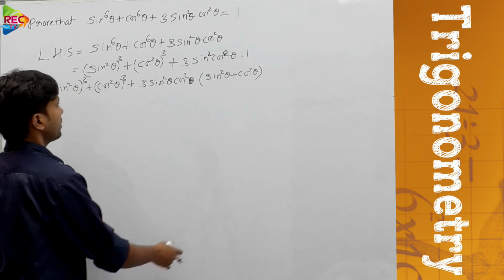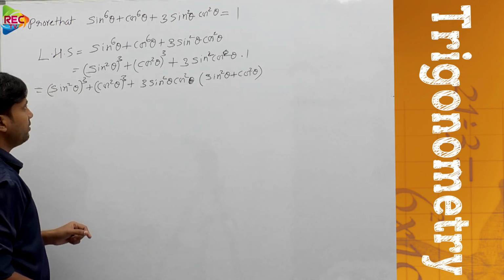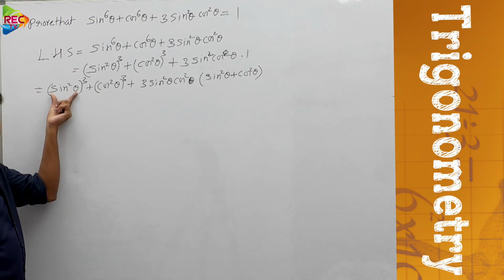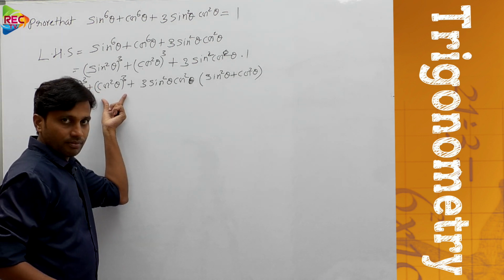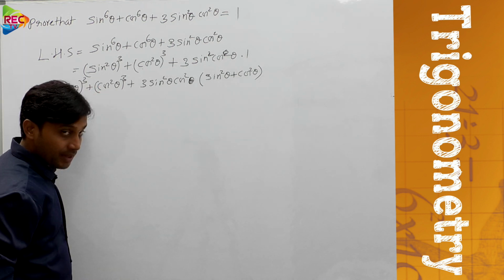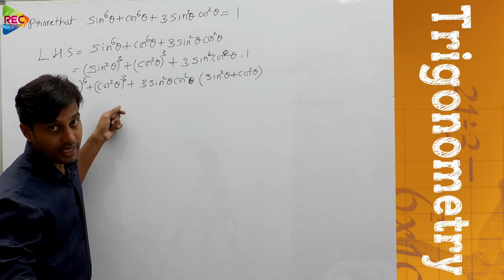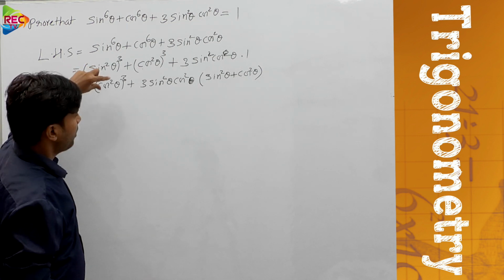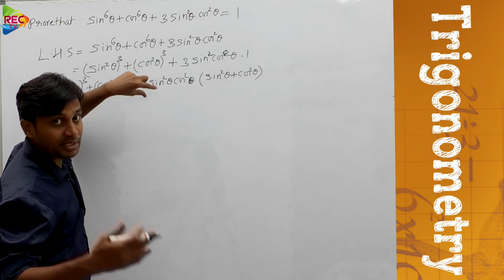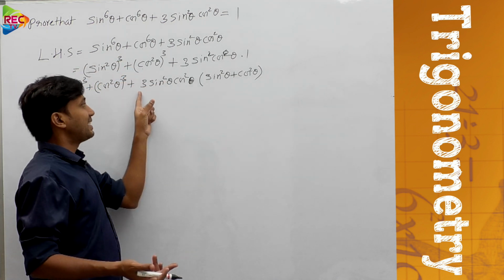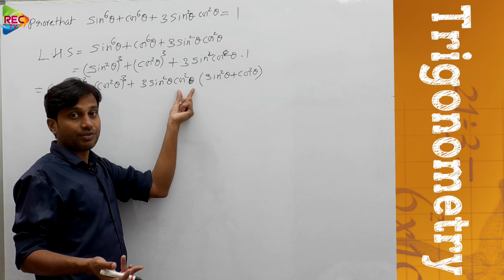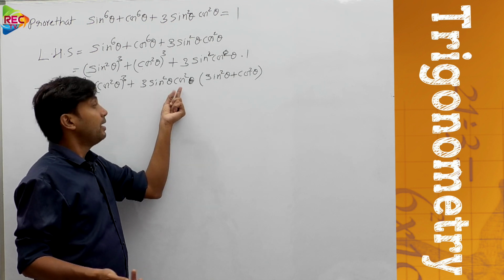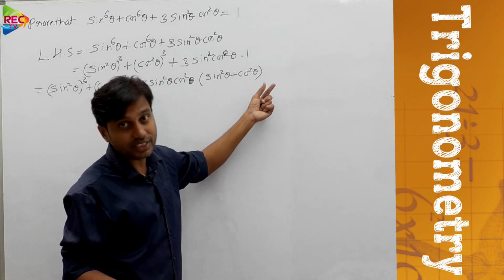Alright, see this here. Now if you carefully observe, this is a cube, this is b cube, meaning sine square theta is a, cos square theta is considered as b. Then (sine square theta) whole cube is a cube, plus (cos square theta) whole cube is b cube, plus 3 into sine square theta and cos square theta means 3ab into (sine square theta plus cos square theta).